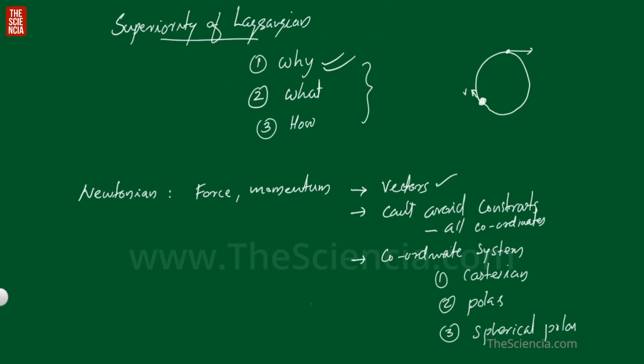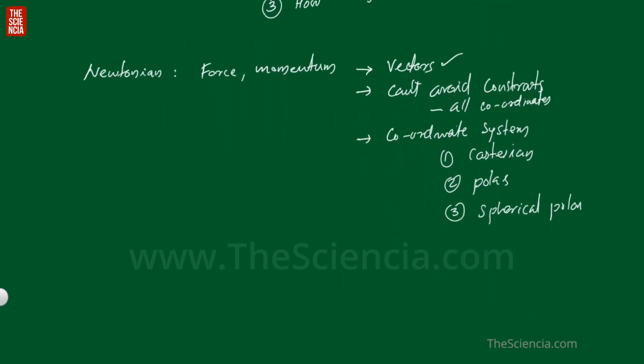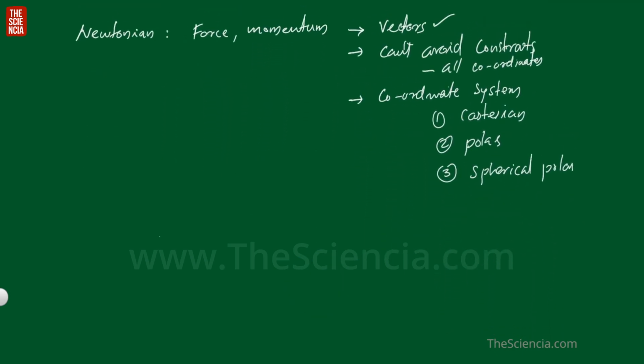Then what are the advantages of using Lagrangian mechanics? In Lagrangian mechanics, we define a term, the Lagrangian, L = T − V. So we are dealing with two quantities: one is kinetic energy and the other is potential energy. These terms don't have any direction; they are scalar quantities.